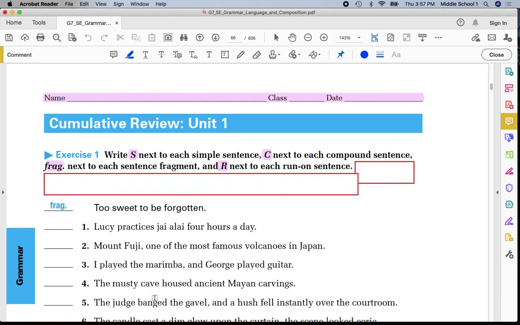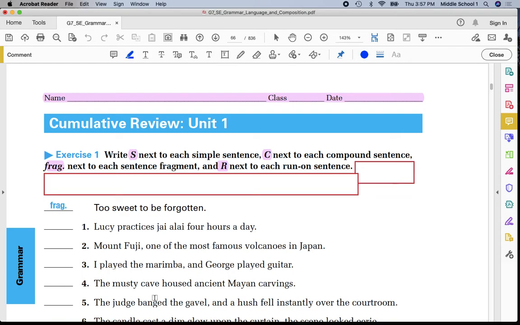For your assignment class, we're going to be reviewing the differences between simple, compound, run-on sentences, and those that contain fragments, those that do not have either a subject or a predicate. I'm going to use the abbreviations that I have highlighted there.